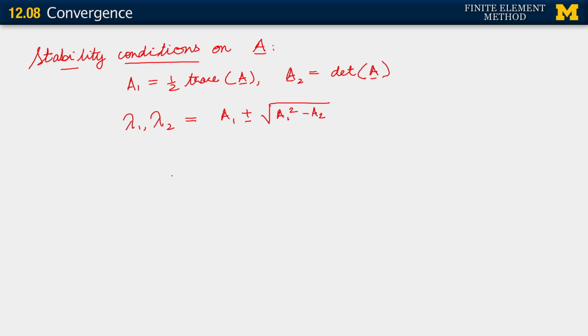Okay, this is how we determine lambda 1 and lambda 2 from our characteristic equation for this matrix.